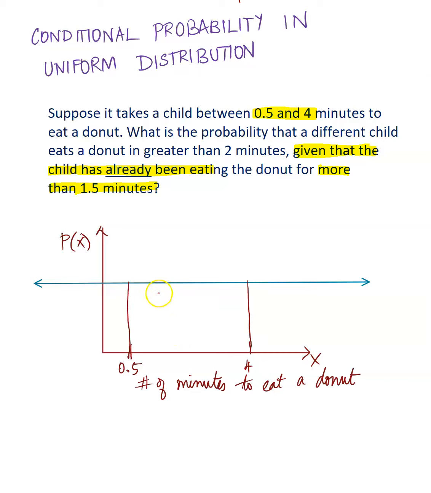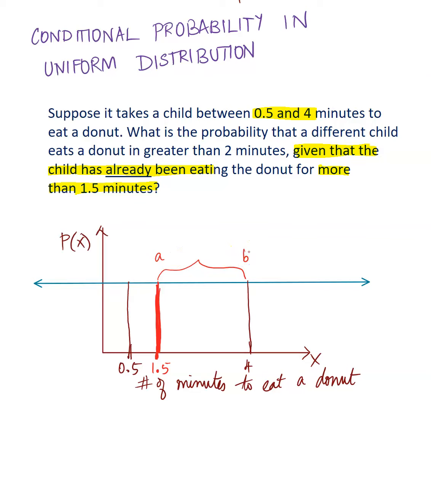Okay, so for 1.5 minutes, the child has already been eating. So this is, say, 1.5 minutes. So your new distribution actually starts from this red mark, 1.5. I'm making it super dark. Okay, so it is from 1.5 to 4 that you're interested in. So this is your new area. This is what you will use as A and B.